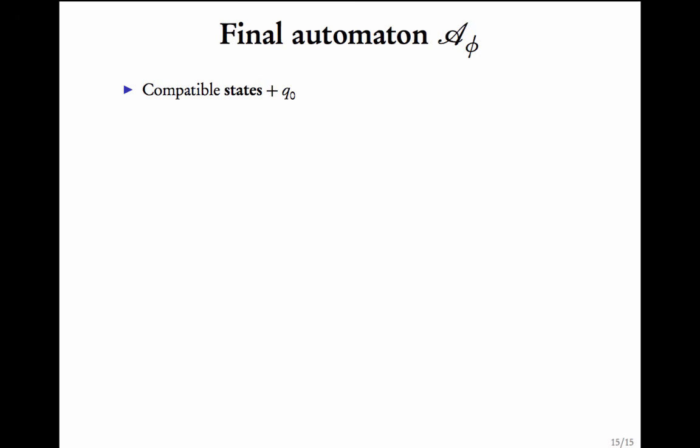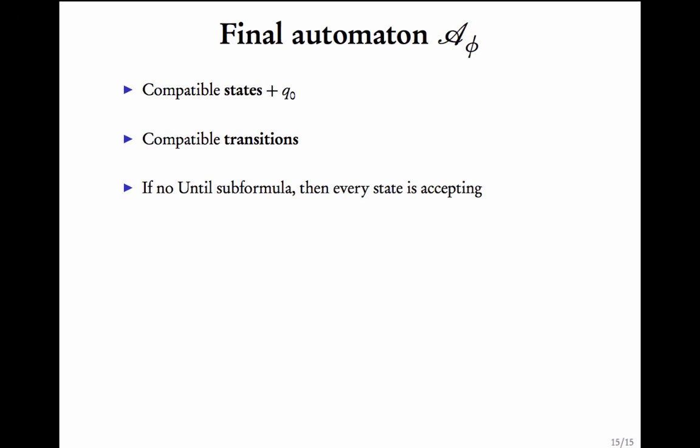And to this set we add a new state Q0. This is giving us the states of the automaton. Step 2, build compatible transitions. Transitions that are compatible with the word and not X until criteria.